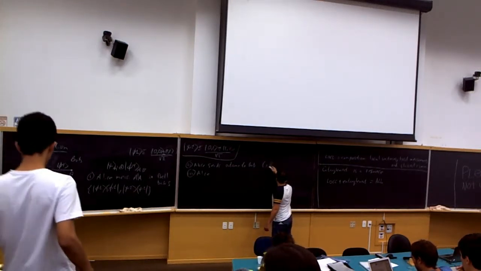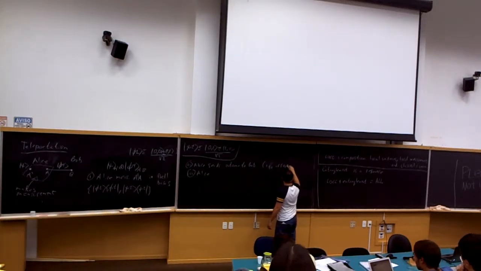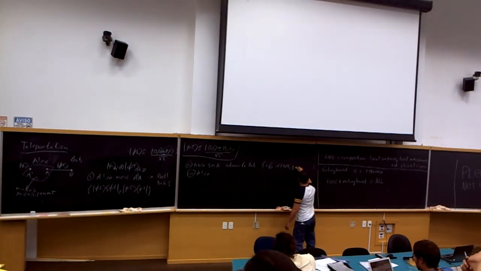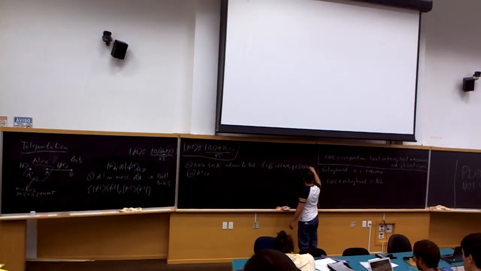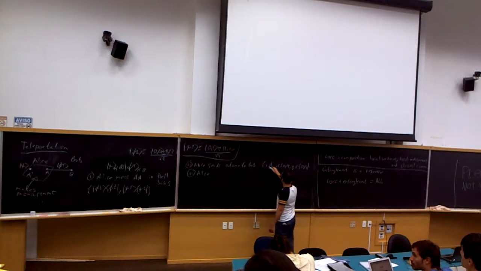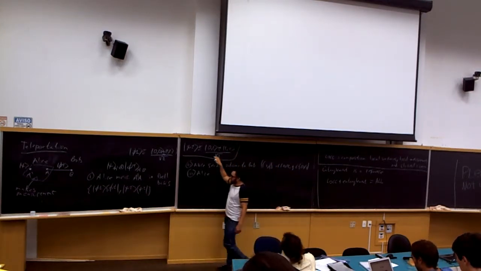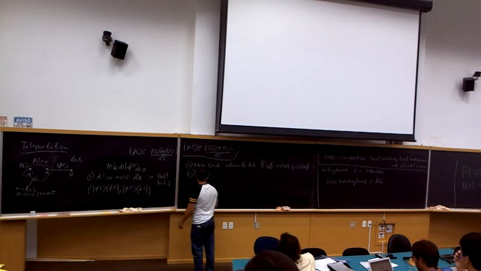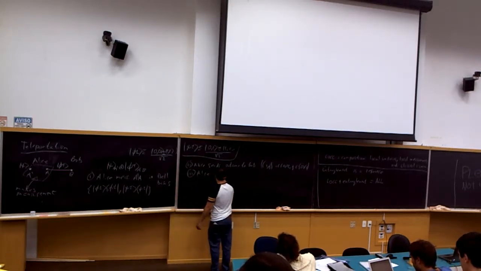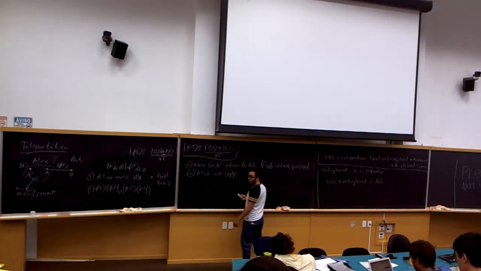ij, where i is a bit, j is a bit. I'm going to tell you how we specify i and j depending on which one we got, right? And then Bob will apply a unitary which is one of the Pauli matrices.